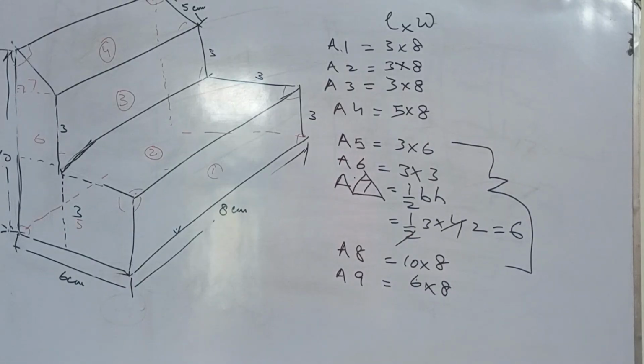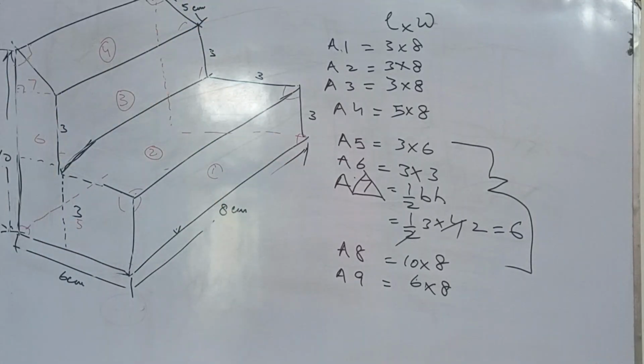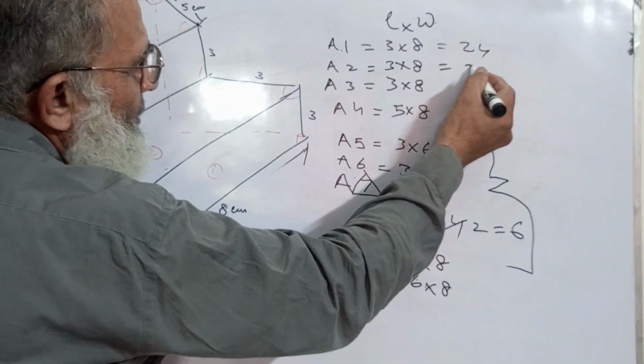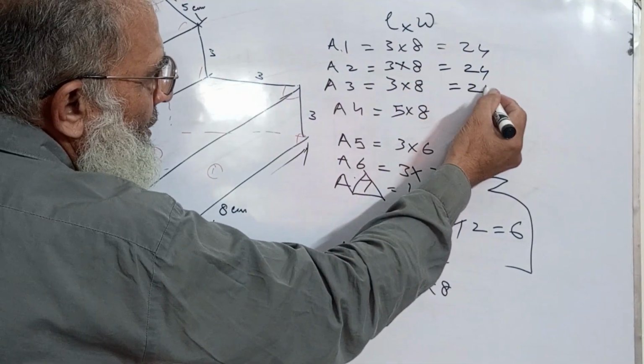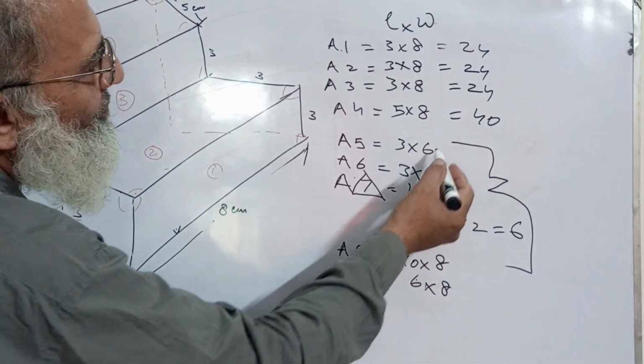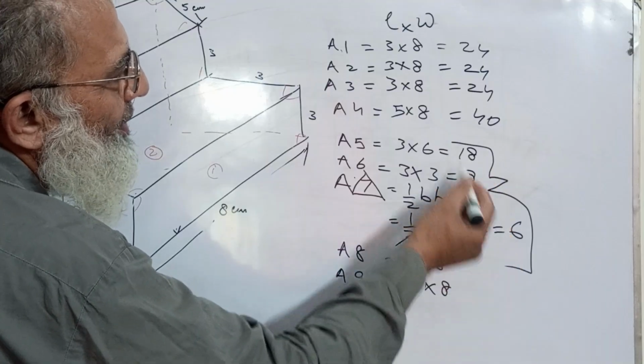So I told you that this is a very lengthy question. And so far we are just solving the area. So it is 24. This is 24. This is 24. This is 24. This is 40. And this comes to be 18. This is 9. And this is 6.